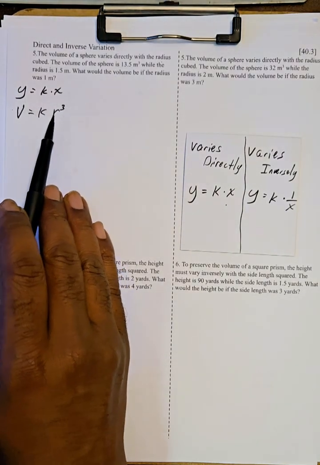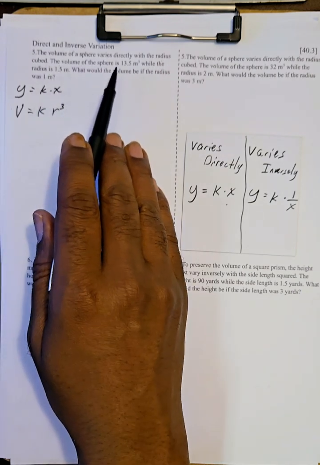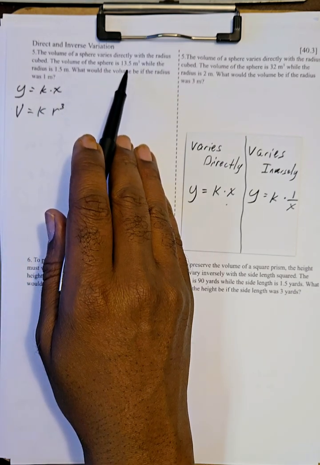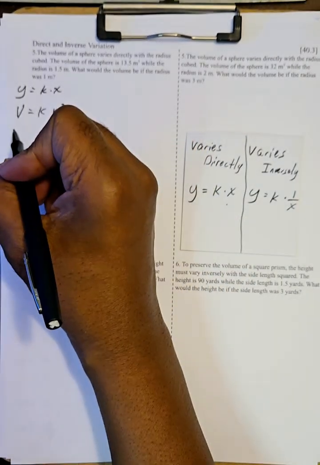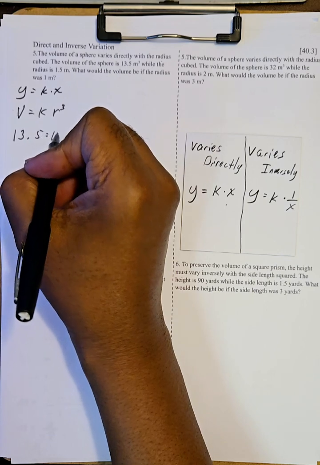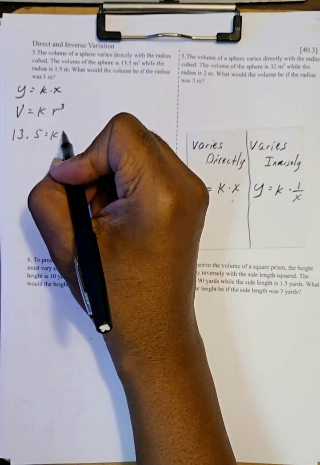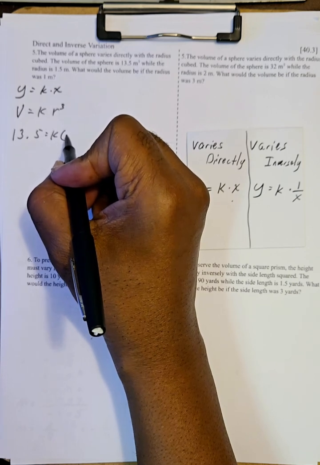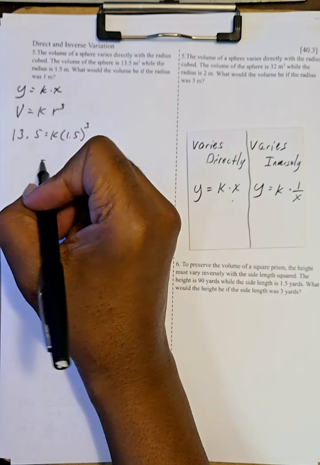Now v equals a constant times radius cubed, and furthermore, the volume of the sphere is 13.5, while the radius is 1.5. So the volume is 13.5 equals k times the radius, I'm going to use a parentheses this time, 1.5 to the third power.